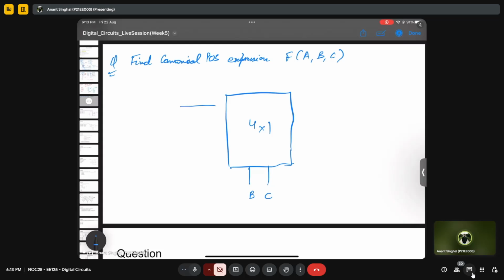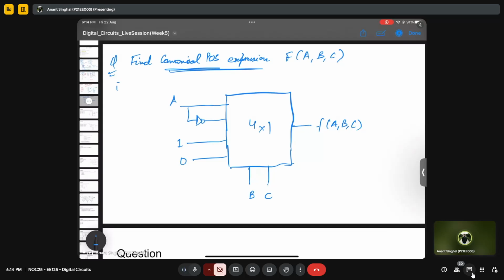This is A, the not of this is the second input, the third input is 1, and the fourth input is 0. So you need to find the canonical POS form of the expression.